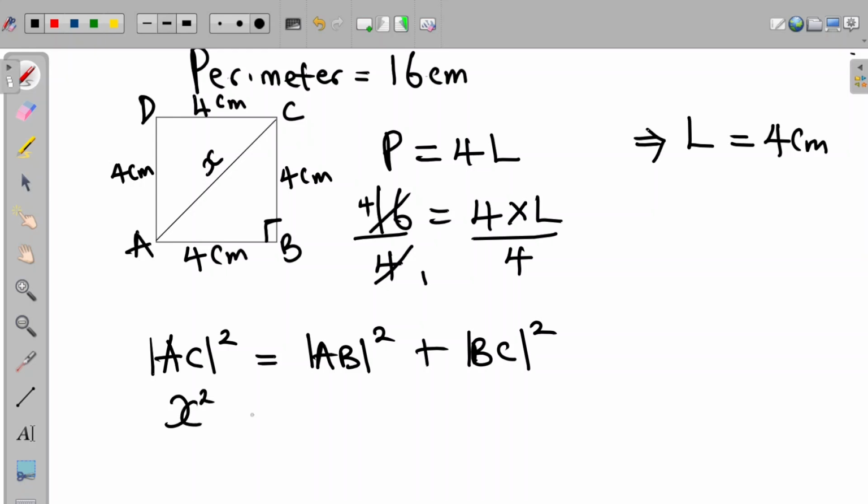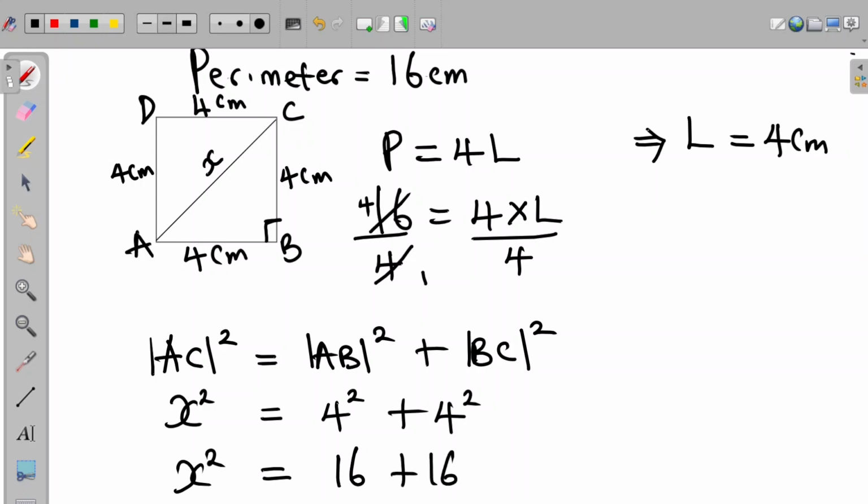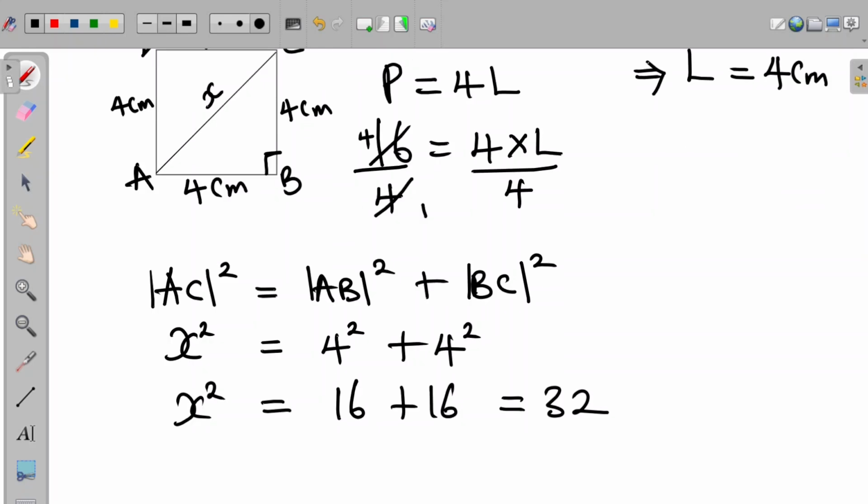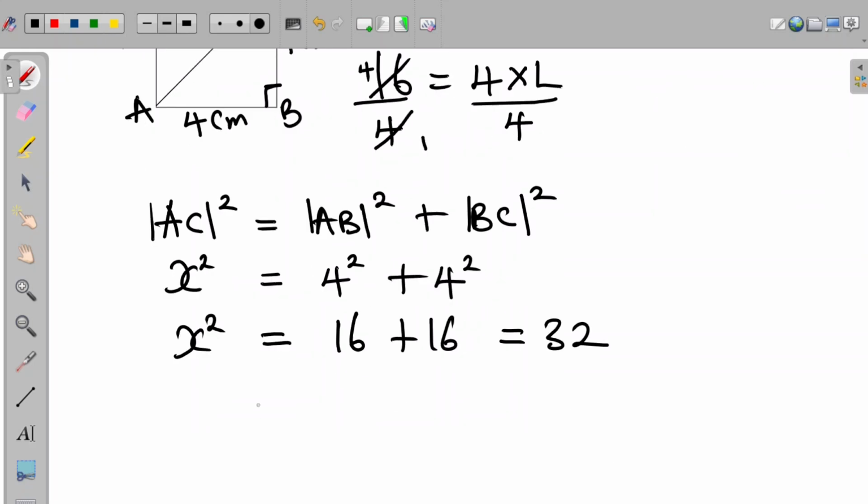So we have x squared equal to AB is 4, which is 4 squared, and also BC is 4, which is 4 squared. So here is expressed as x squared equal to 4 squared is 16 plus 16, which is equal to 32. Now at this point, we have that x squared is equal to 32.